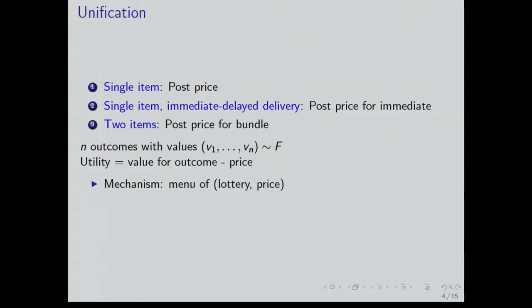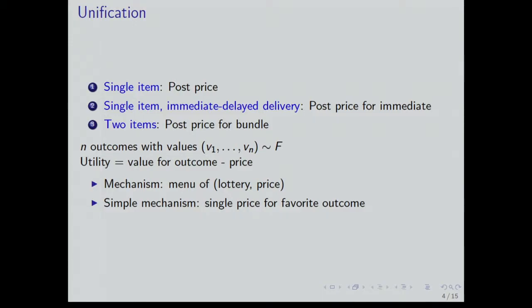Good. And the mechanism, as we have seen before, is a menu of lotteries and prices. So a lottery is just a distribution over these n outcomes and the 0 outcome, and is assigned a price. And the favorite mechanism that you want to prove optimal, this simple mechanism that I'm talking about, posts a single price for the favorite outcome. So this mechanism becomes posted pricing for a single item because the favorite outcome among 1 outcome is that the buyer gets the item.